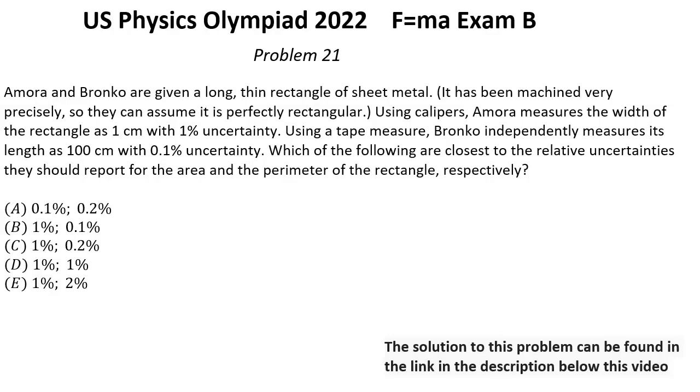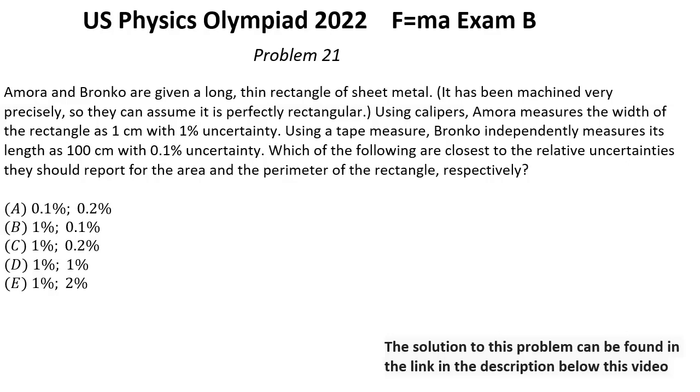Using a tape measure, Bronco independently measures its length as 100 centimeters with a 0.1% uncertainty. Which of the following are closest to the relative uncertainties they should report for the area and the perimeter of the rectangle, respectively?